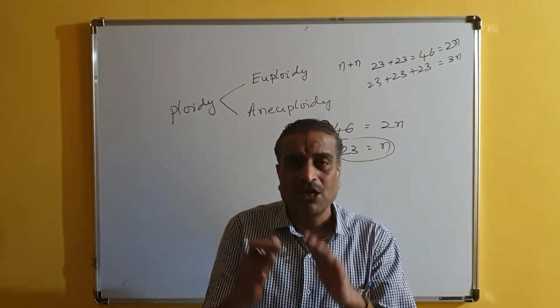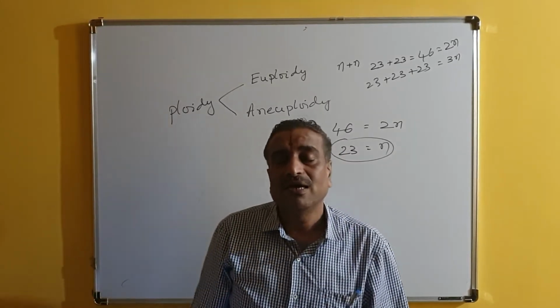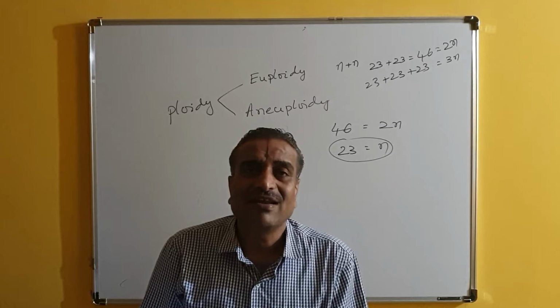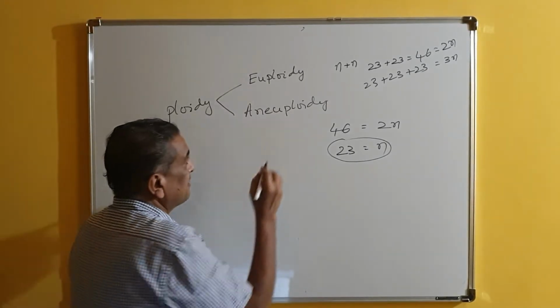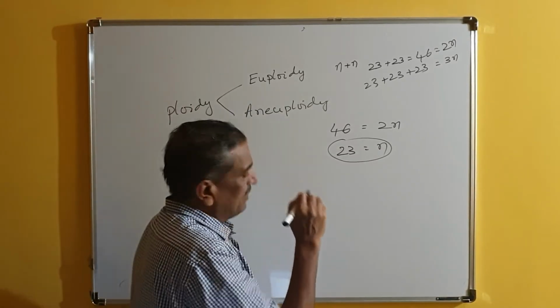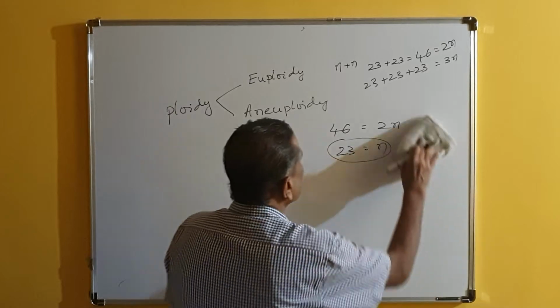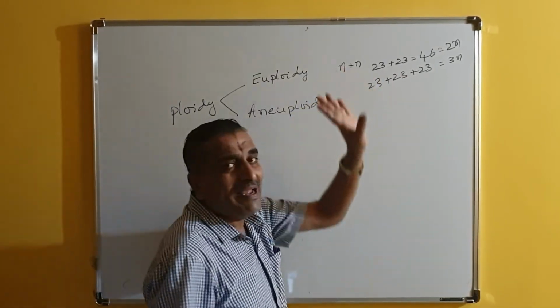Euploidy means addition of the entire basic set of chromosomes, or the ploidy. So we are not interested in euploidy right now. Aneuploidy means it is the addition of chromosomes, no doubt, but in this addition the entire set will not be added.